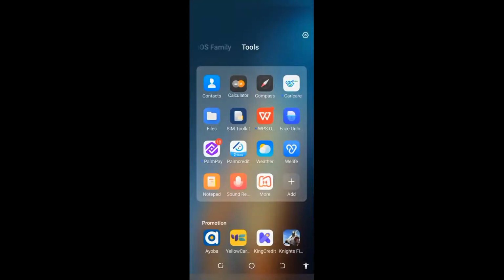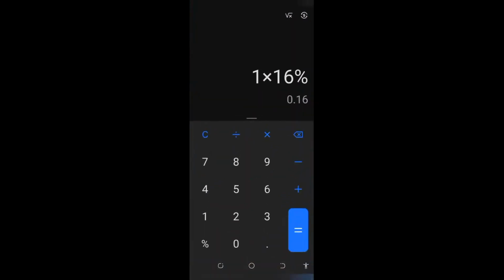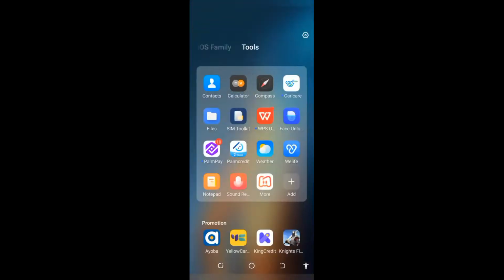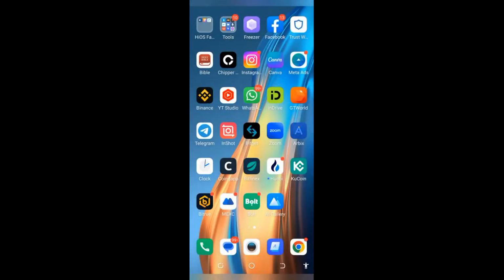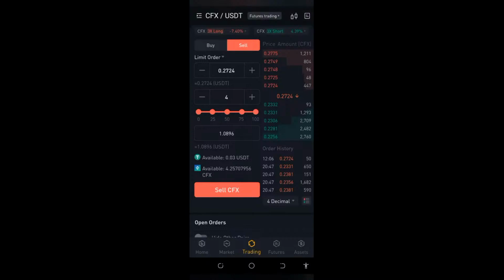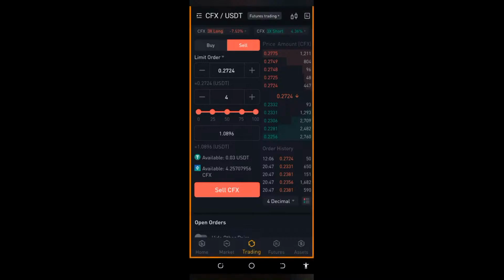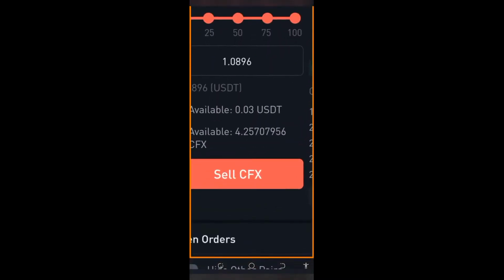$1.08 is good because if I calculate it, that's 1 times 16%. Oh, it's supposed to be $1.16, but it's giving us less. Don't forget that it took a little bit out of the transfer fees. Another reason is that it's disregarding the 0.25 CFX.